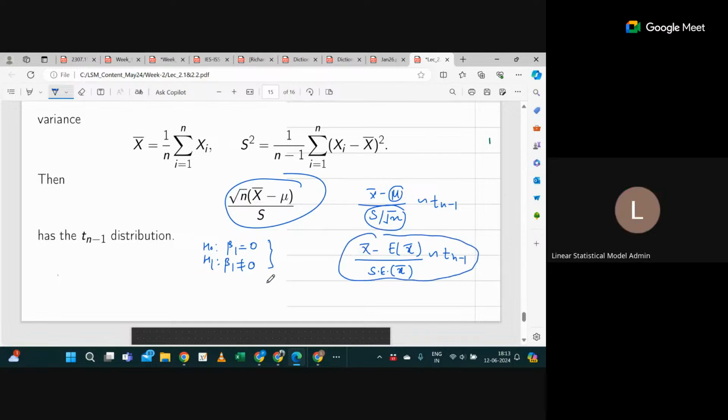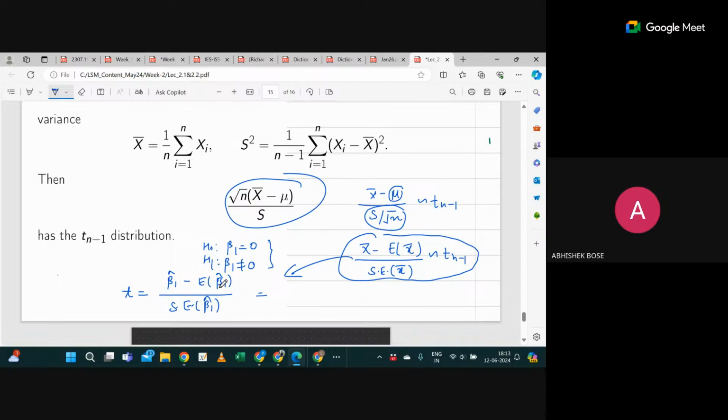Then we will define t as the estimate, beta 1 hat, minus the expectation of beta 1 hat, divided by the standard error of beta 1 hat. Just try to relate it with this formula. What will be the expectation of beta 1 hat?